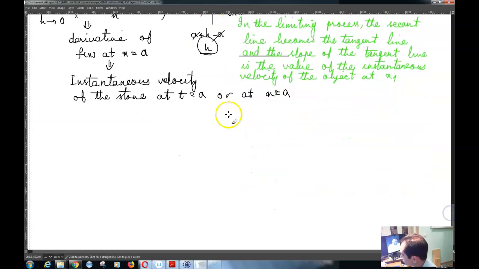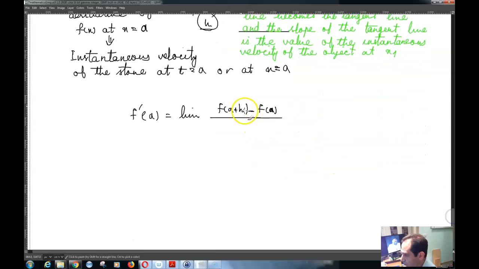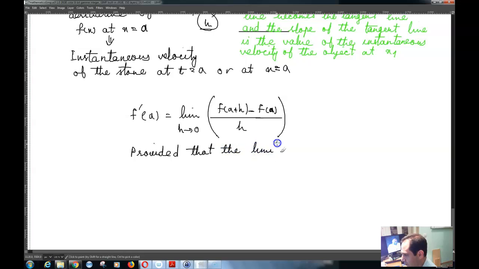And so, long story short, you can say that f prime of a is equal to the limit of f of a plus h minus f of a over h, as h tends to 0, provided that the limit exists.